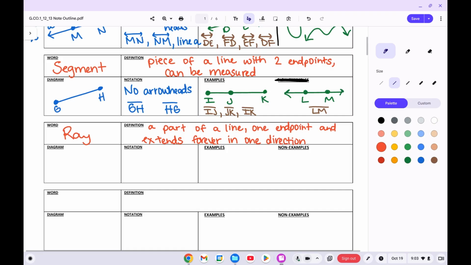What a ray looks like is you'll have that endpoint and you'll have a ray that kind of comes off of it. So you'll have that arrowhead going in one direction. We'll name that endpoint N and we'll put a point on the line. We'll call that O. When you're naming a ray, you only use one arrowhead.